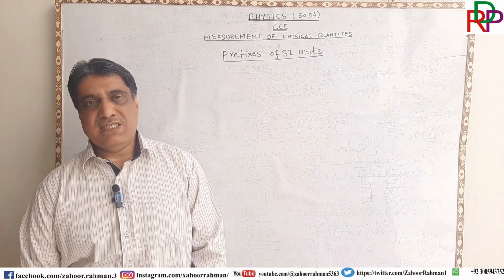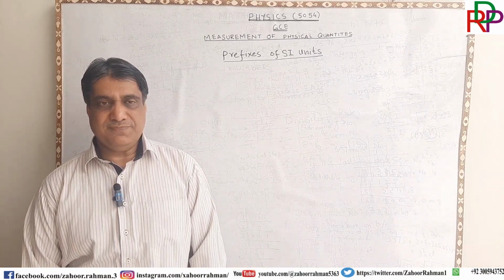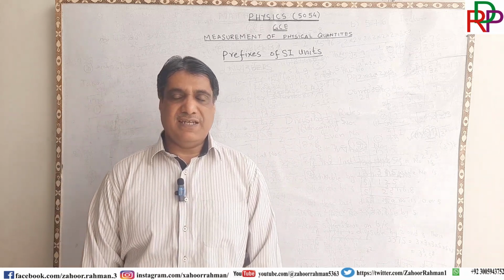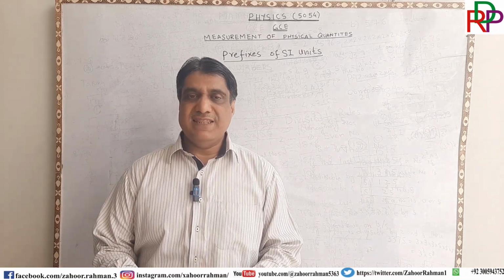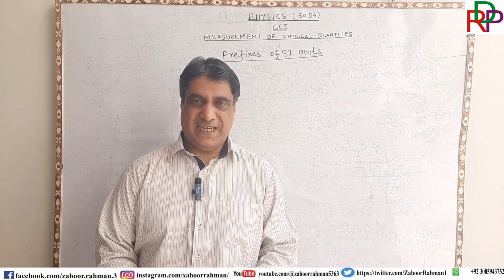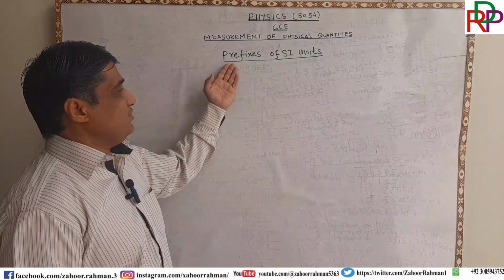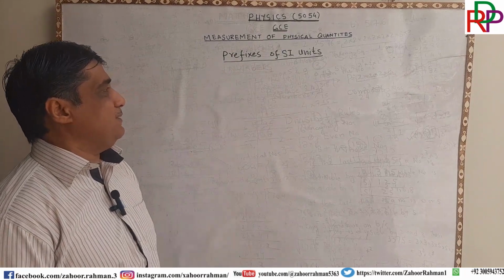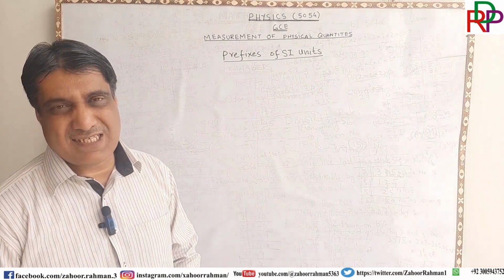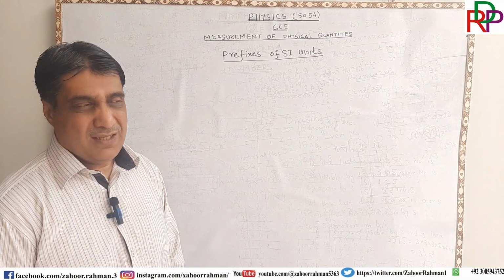One is called the scientific notation, and the second one is with the usage of prefixes. So ladies and gentlemen, we are talking today about the prefixes of the SI unit.